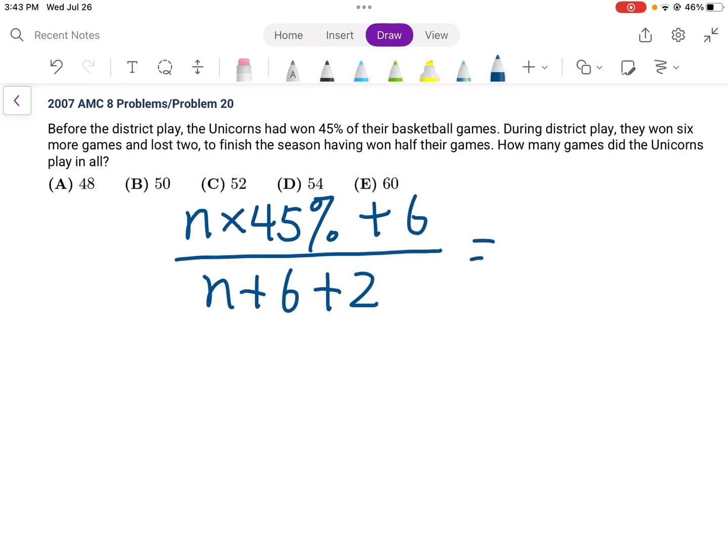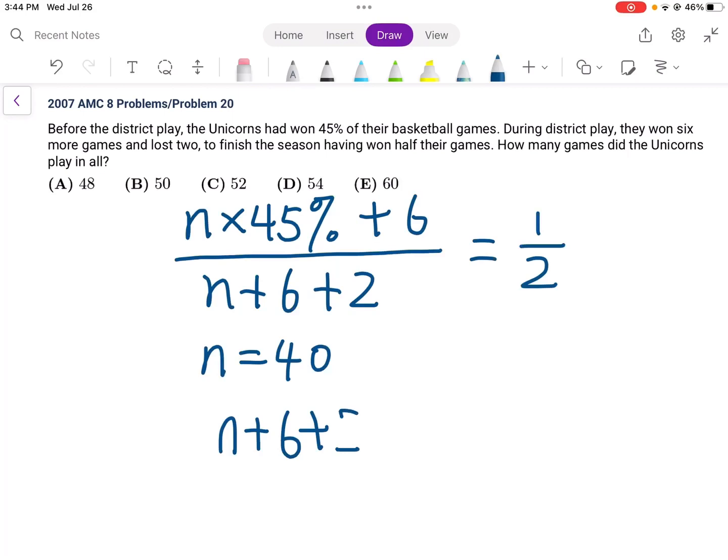And that equals 1/2. So we solve this problem, we get n equals 40. So the total games will be n plus 6 plus 2 equals 48. The answer is A.